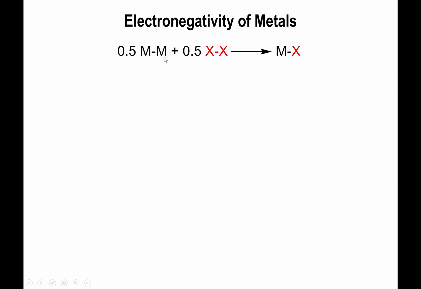In the case of combining metals with nonmetals, and if we have the very specific case scenario where we use one metal for every one nonmetal, we end up generating this ionic salt, MX. If we apply the bond dissociation formula to determine the enthalpy of the reaction right here, we could look at the summation of the bonds broken minus the summation of the bonds formed.